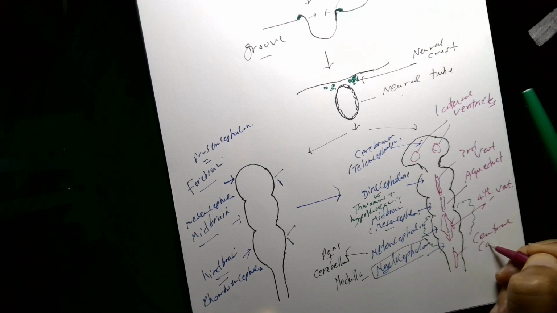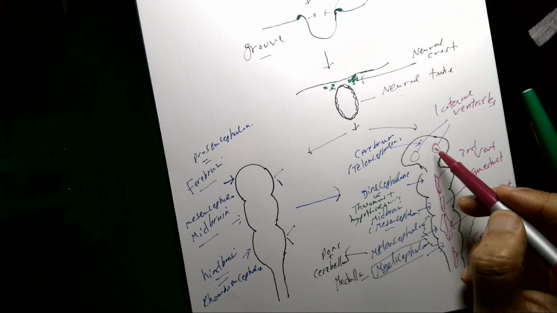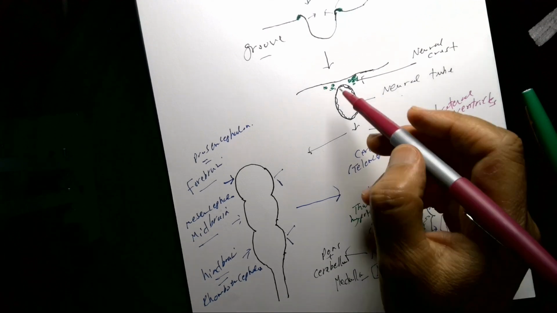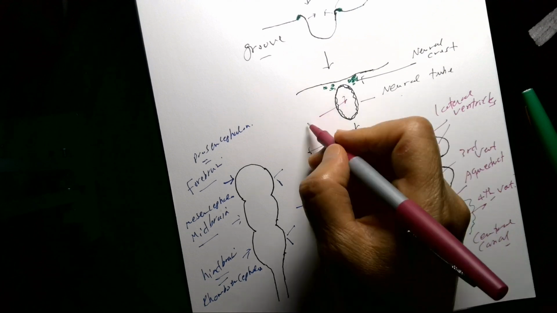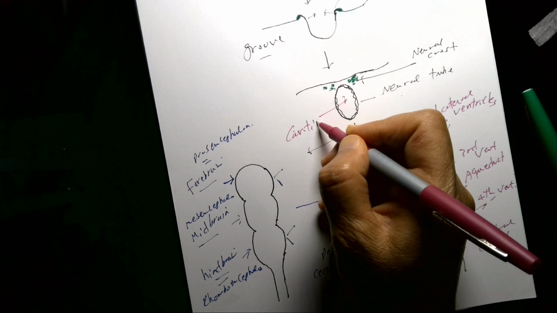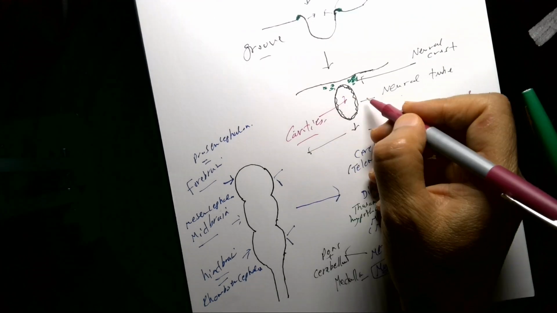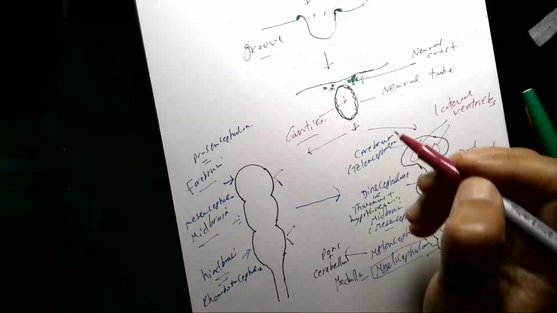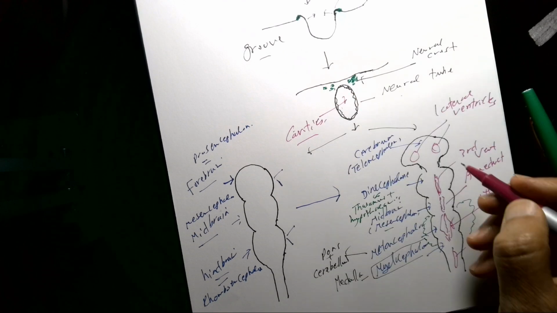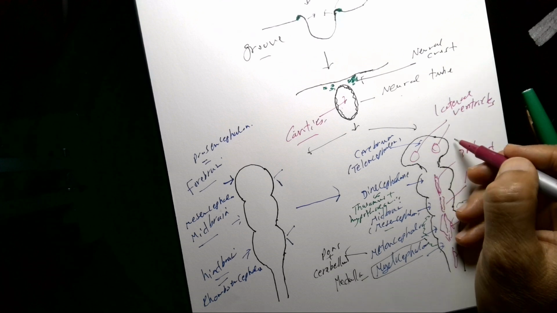These cavities are the remnant or part of the neural tube, because a tube is a hollow organ, and this is going to form the cavities, and the brain is going to form around the structures. Here is the ependyma, or the epithelial lining of these cavities. These cavities contain cerebrospinal fluid.